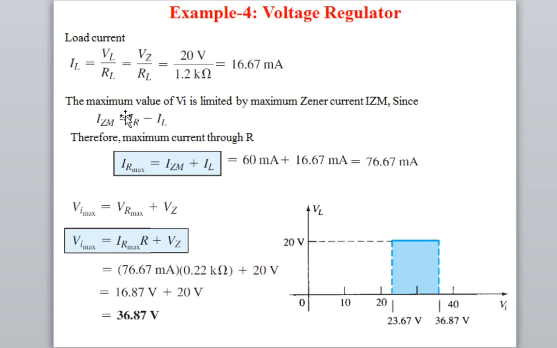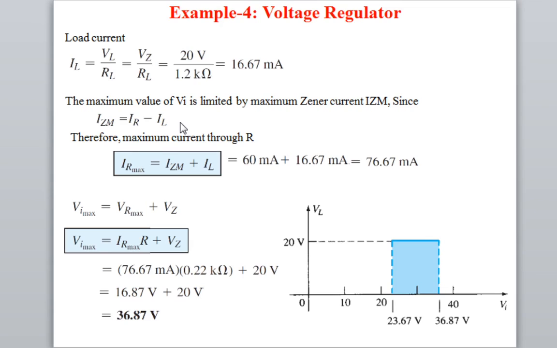So IZM is equal to IR minus IL. And this maximum Zener current will correspond to the minimum load current, and minimum load current corresponds to the maximum load resistance.